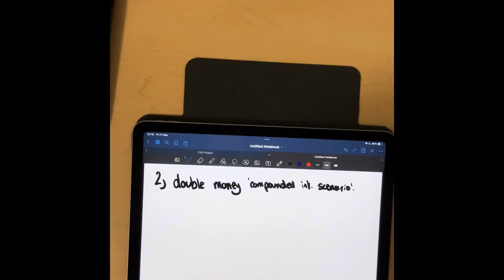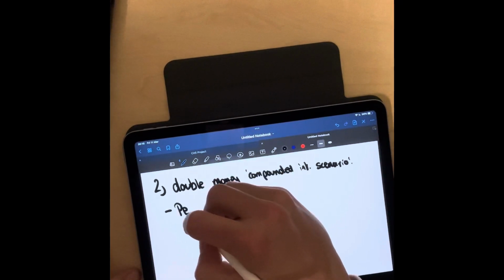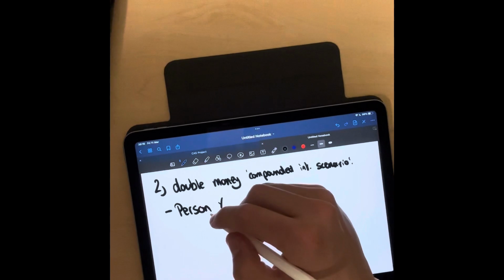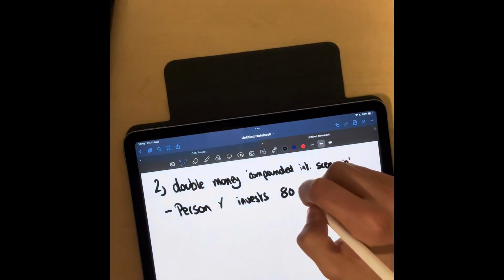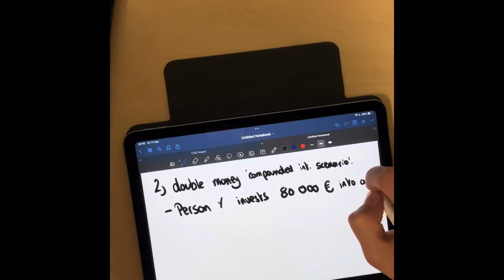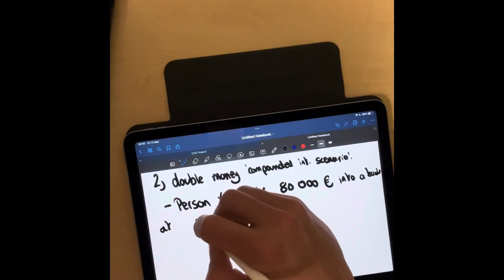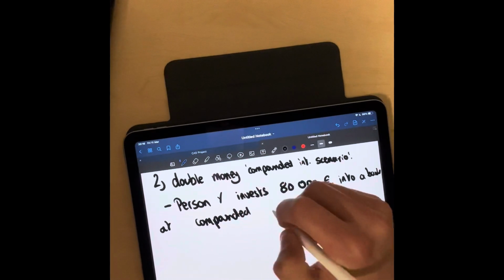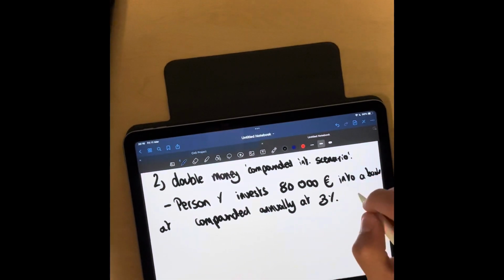So let's take this example. It says person Y invests or deposits 80,000 euros this time into a bank, compounded annually at 3%.